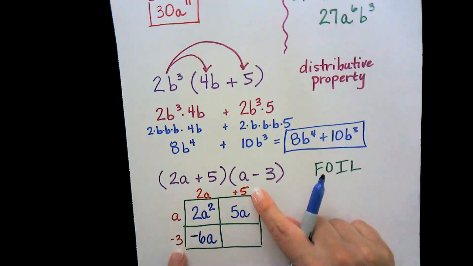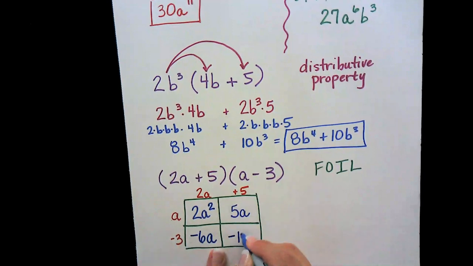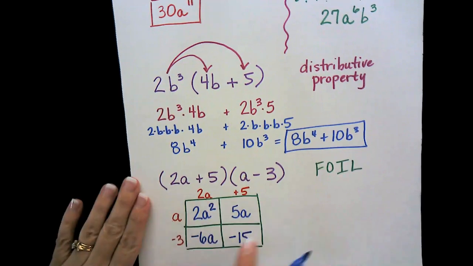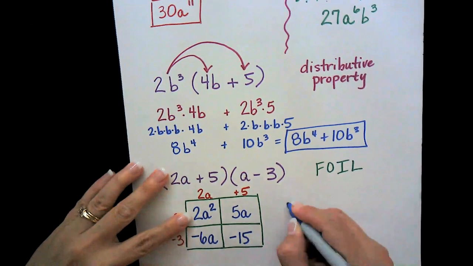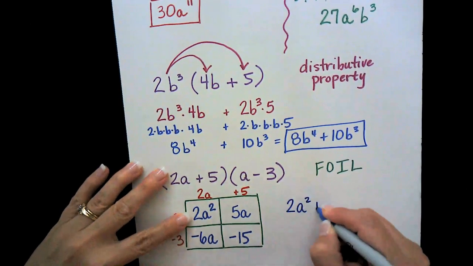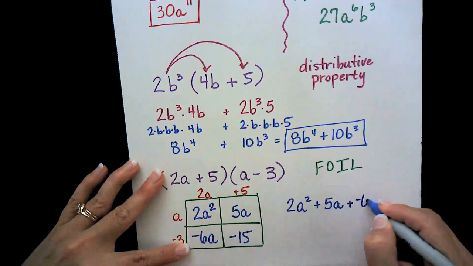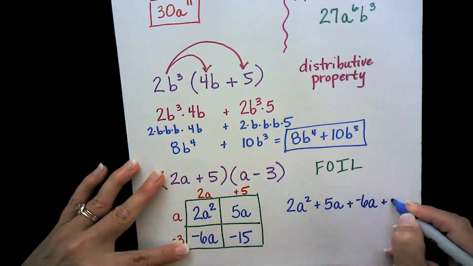And negative 3 times 5 would give me negative 15. Now look at all the things that I filled in the box with, and I'm going to take them out. So I've got 2a to the second plus 5a plus negative 6a plus negative 15.